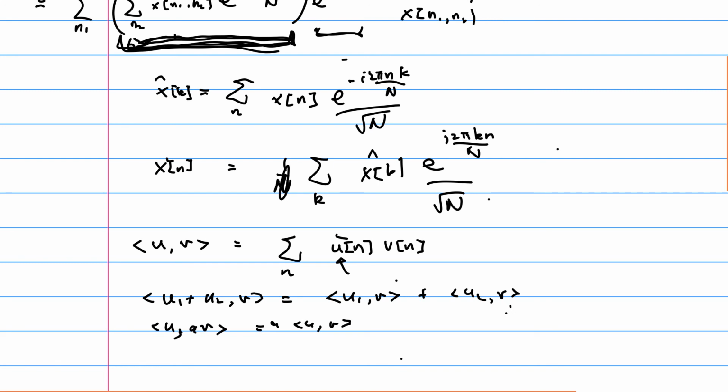More importantly, it has a positivity property: the inner product of u with itself is bigger than or equal to 0, because it equals the sum over n of u n times u n bar, so it's equal to the sum of |u n| squared. Therefore this will always be bigger than or equal to 0.